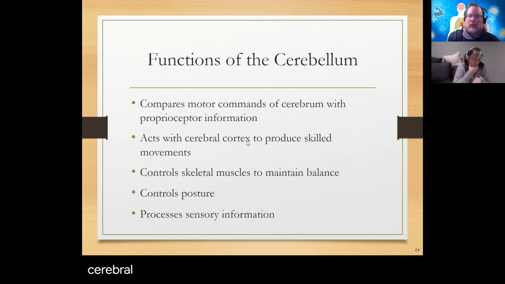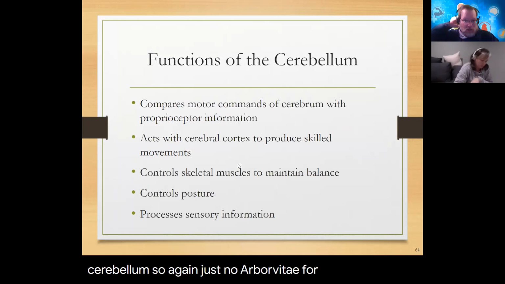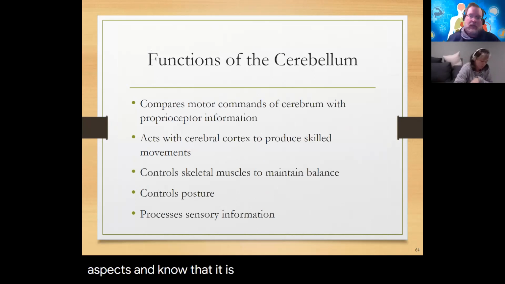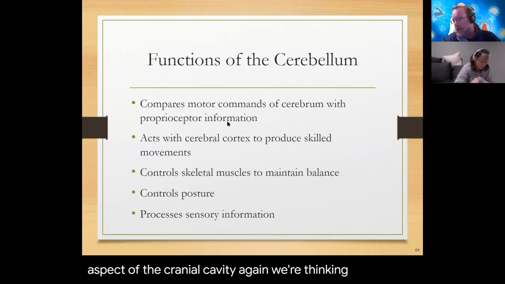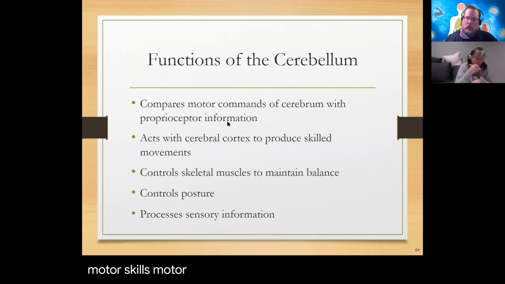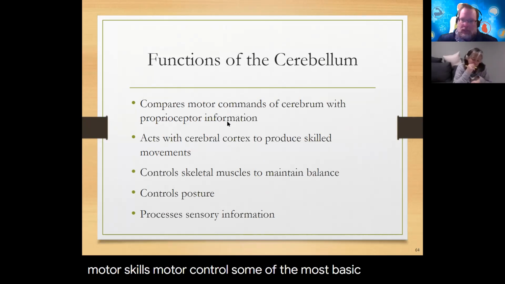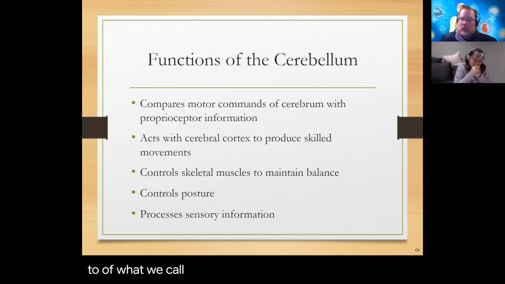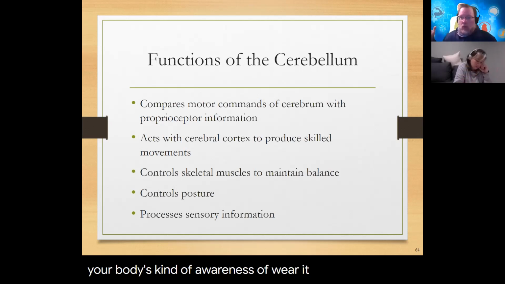Functions of the cerebellum. Again, just know arbor vitae for structural aspects, and know that it is in the posterior and inferior aspect of the cranial cavity. We're thinking about motor skills, motor control, some of the most basic aspects of what we call proprioception. Proprioception is your body's awareness of where you are in space. Are you upright? Are you horizontal? Are you angled?